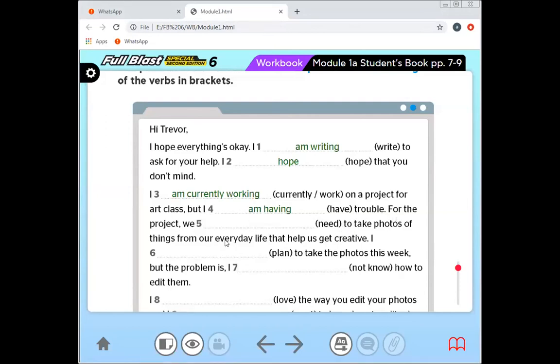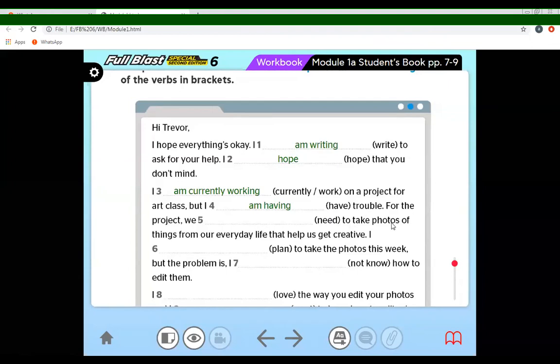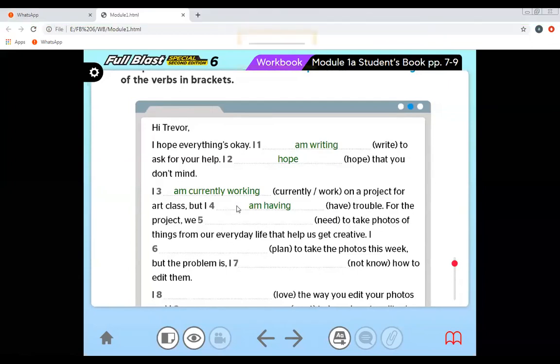For the project, we need to take photos of things. We need or are needing? I'm going to choose Mariam Mamdouh. Yes, Mariam Mamdouh. Yes, my dear.